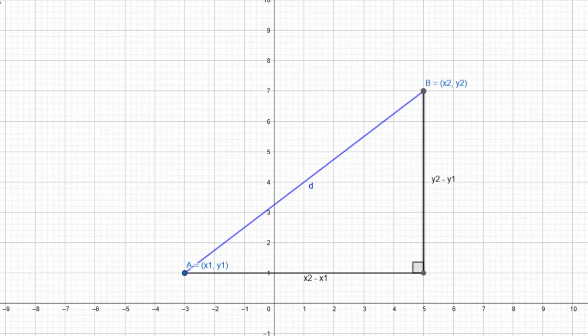Well, now we can use Pythagoras' theorem in exactly the same way. What we now have is the fact that d squared is x2 minus x1 squared plus y2 minus y1 squared.